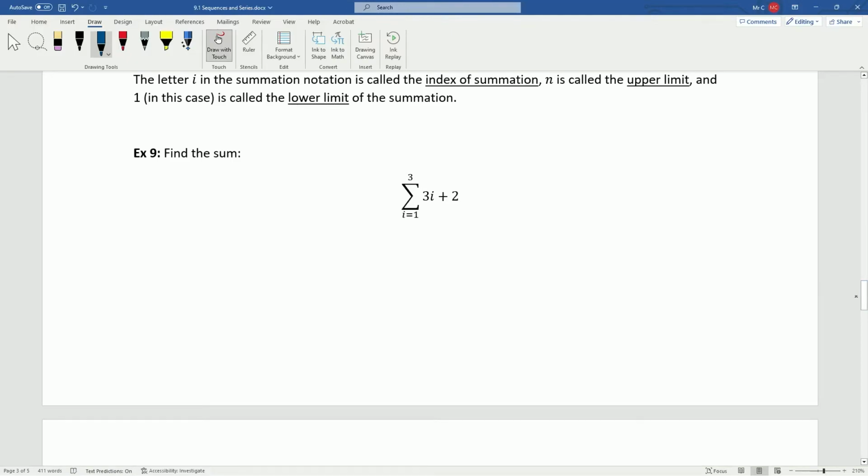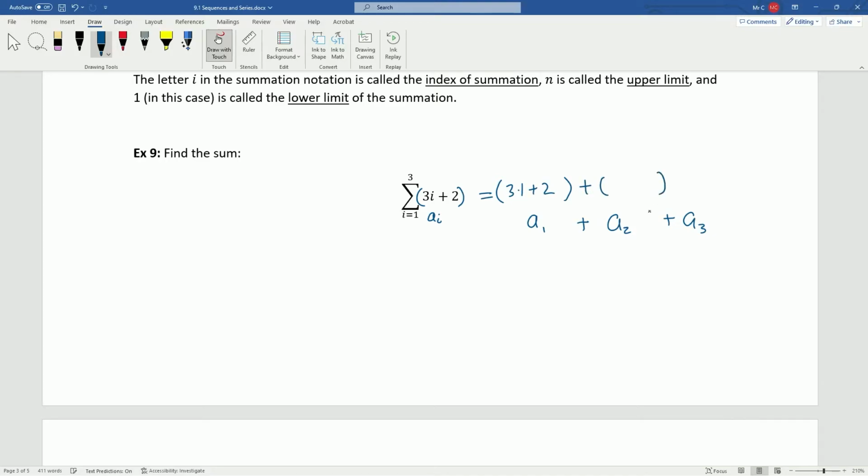So let's take a look at a simple example. Find this sum. Our formula here, this is a sub i, is 3i plus 2. And so what we're doing is taking i equals 1 to i equals 3 and adding all of these things. So let's write them out. When i equals 1, I get 3 times 1 plus 2.